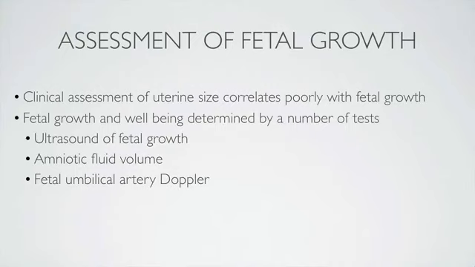If the head is growing faster than the abdomen, this is a sign of asymmetrical intrauterine growth retardation, which we will talk about later. And obviously if both aren't growing properly, then it's a sign of more generalised growth retardation where the whole of the fetus is affected.